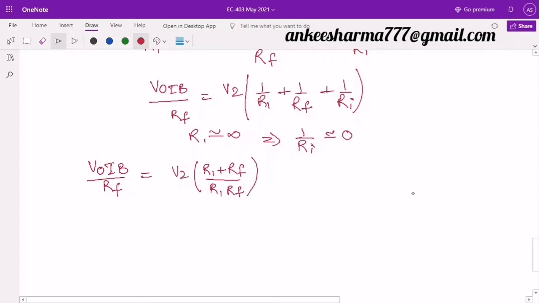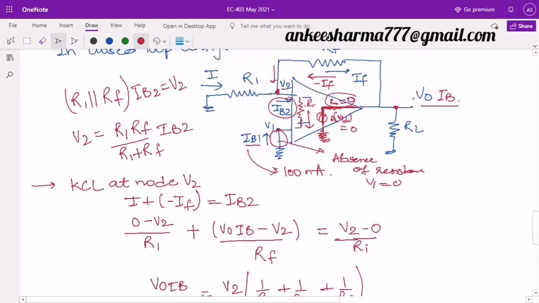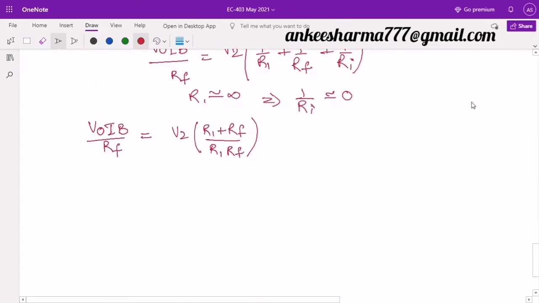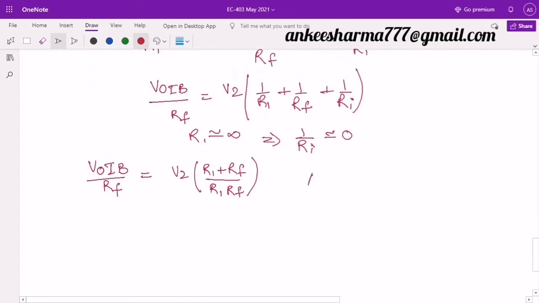So by substituting the value of V2 which we have obtained in the above diagram into my below equation, I get V2 equal to R1 RF upon R1 plus RF of IB2.